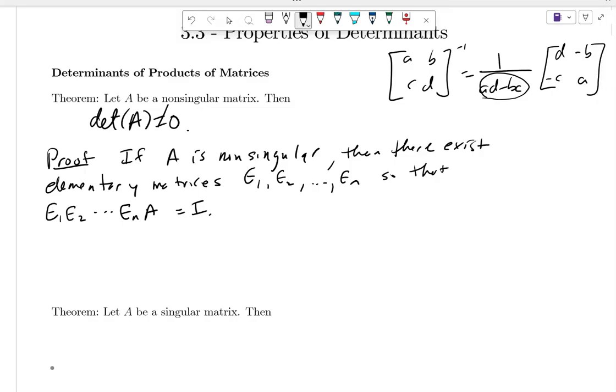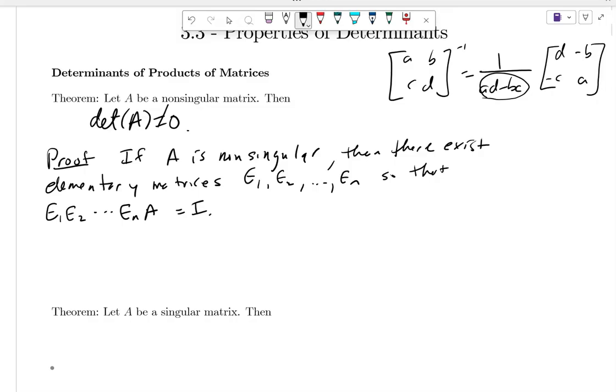Basically, we're just saying if it's non-singular, if it's invertible, then it's row equivalent to the identity. There's a sequence of row operations that take us to the identity, and we can accomplish that sequence of row operations through matrix multiplication with elementary matrices. That's stuff we talked about for the exam, right?